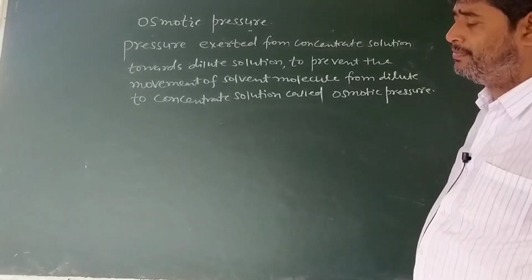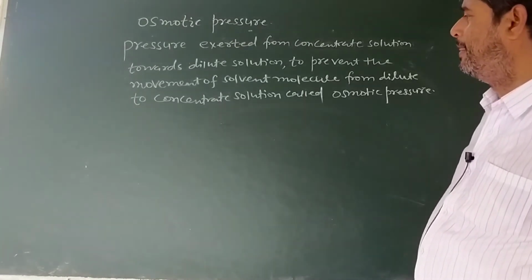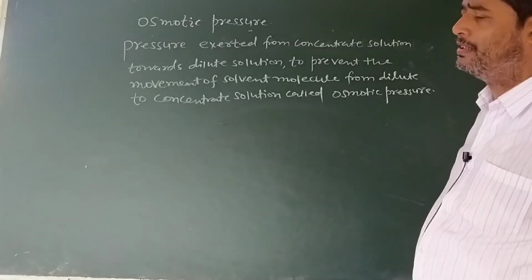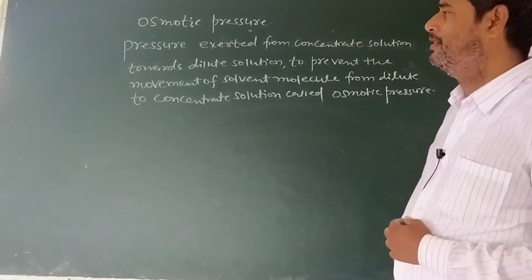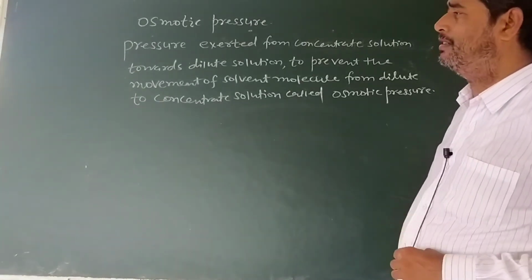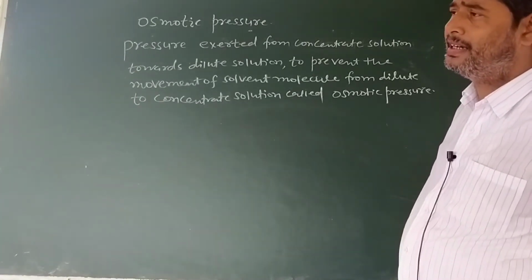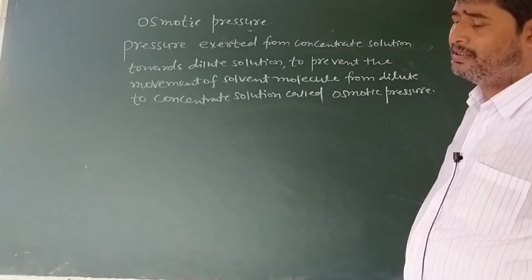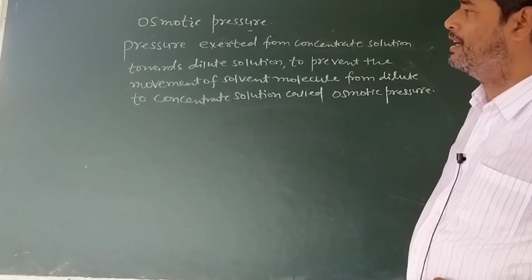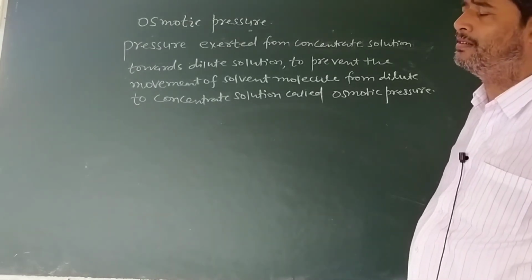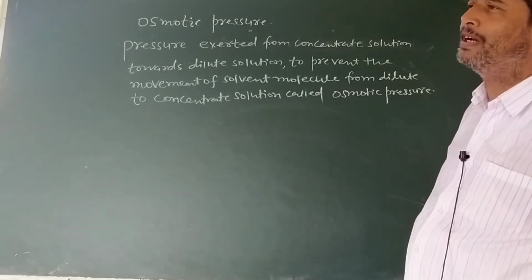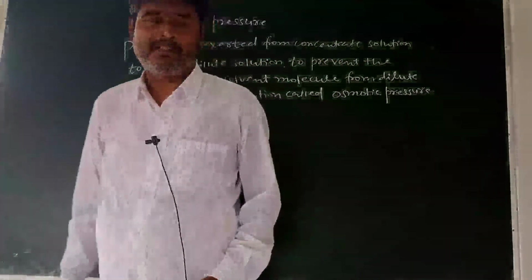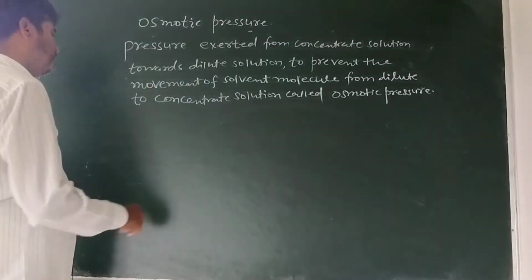On the basis of his conclusion, he put forward the rule for osmotic pressure, and for this he was rewarded with the Nobel Prize in chemistry. So Van 't Hoff is the first winner of the Nobel Prize in the field of chemistry.